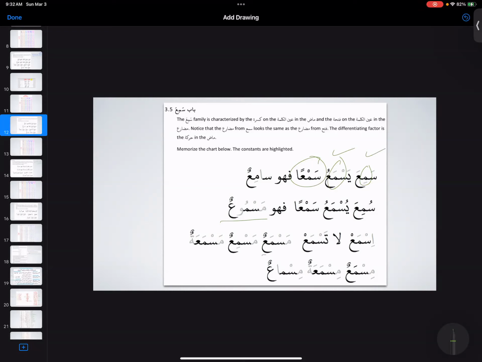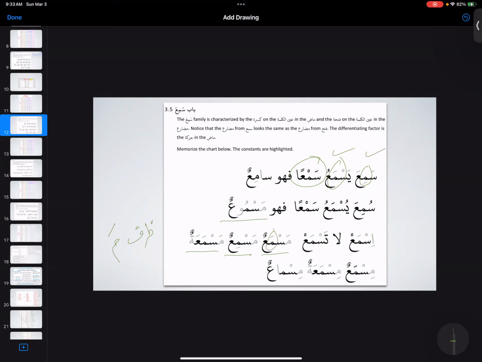And then masma'un, masmi'un, and masma'atun. I really want you to memorize all these three variations, so you need to mark how you are going to remember it. First of all, we need to remember that zarf always starts with mim with fatha, and the middle root letter is the one that has variation.